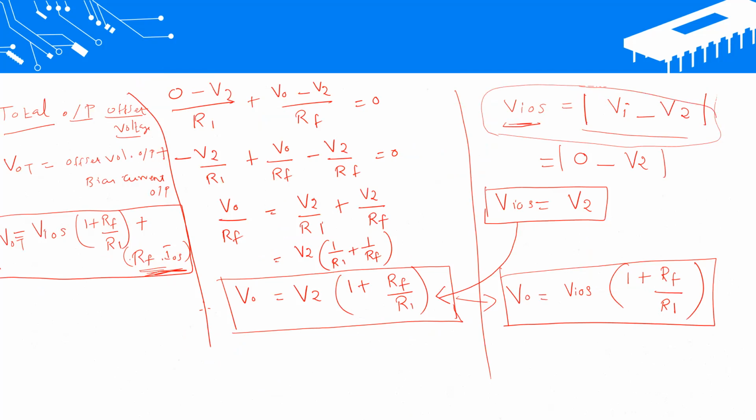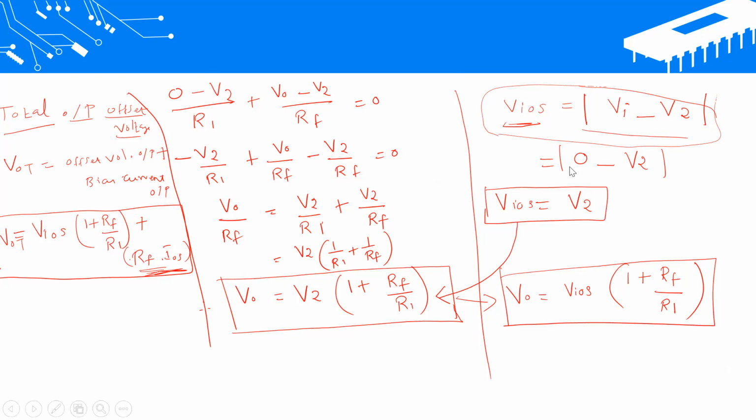From that diagram, VIOS is the difference between V1 and V2, so that is what I am writing. I missed these steps in the last video, in the DC characteristics of an op-amp, in the third parameter, input offset voltage. So kindly make a note of it.